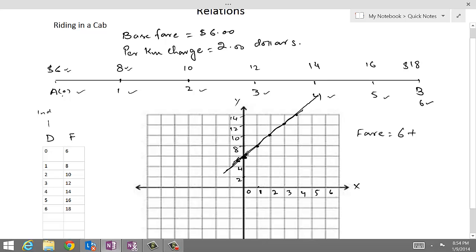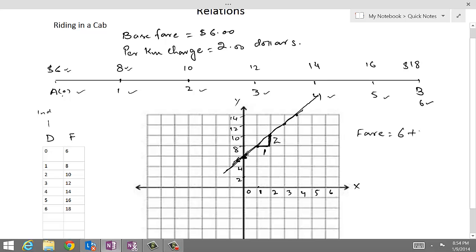If you identify any 2 points, and if one small scale along x-axis is representing 1 kilometer, and this, how much is rise? That's one small scale along y-axis is representing $2.